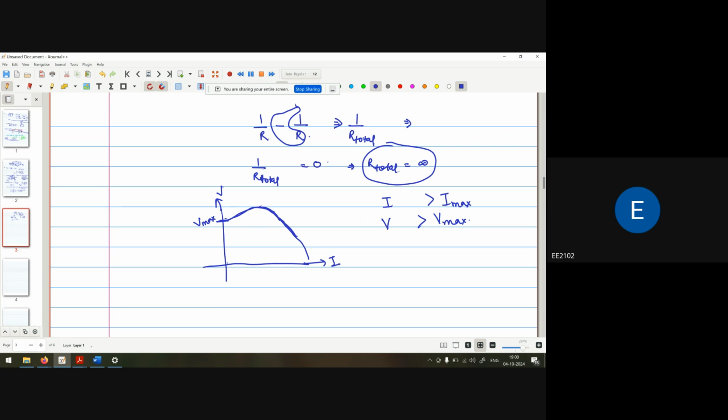Your transistor sometimes shows this: up to a certain limit my transistor works better, its VI characteristic is similar to what we have seen in theory, but beyond the limit, the voltage increases and after that the current starts decreasing.